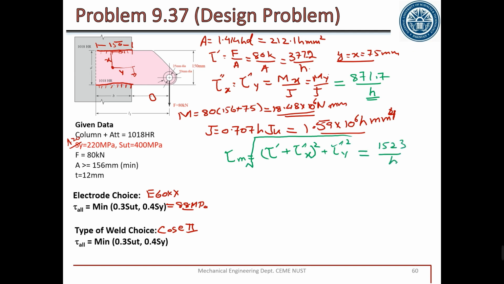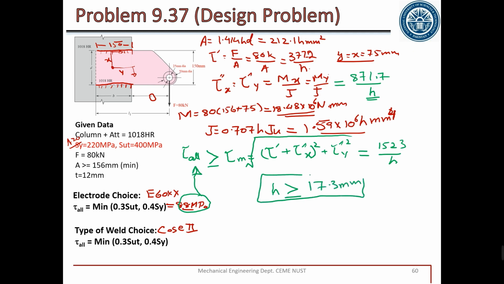1523 by h. And for safe operation, tau allowable should be more than or equal to this value. Tau allowable is given, tau allowable is 88 MPa. Substitute this value here, you will get h should be more than or equal to 17.3 mm.